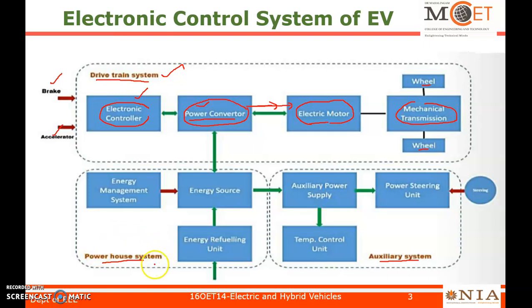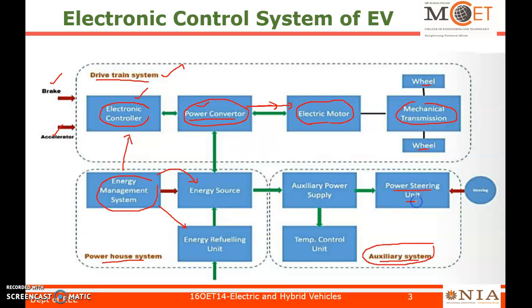In the powerhouse system, there is an energy management system. The energy management system controls the electronic control unit, monitors the status of energy available in the energy sources, and monitors the energy refueling unit. Next is the auxiliary subsystem. In the auxiliary subsystem, there is a power steering unit.